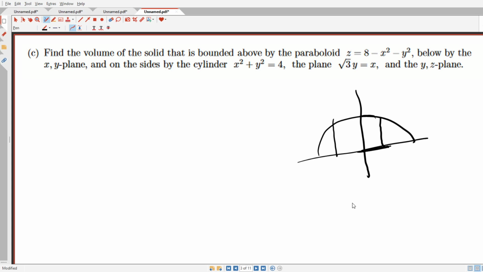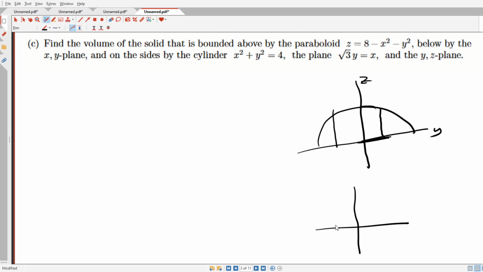Oh, I see. Okay, so let me also draw this looking down. So this is z and y. Looking straight down, we have our cylinder, and the line y equals root 3 x, that's going to look something like this. So if this is x and this is y.